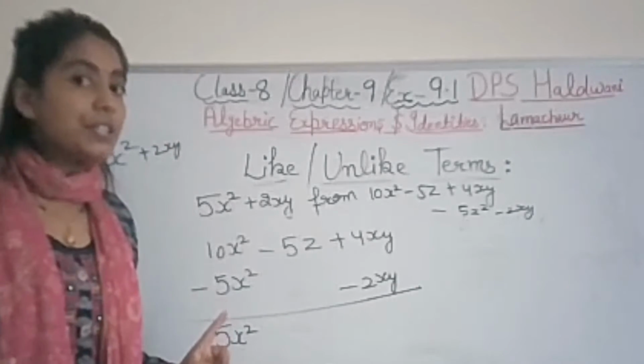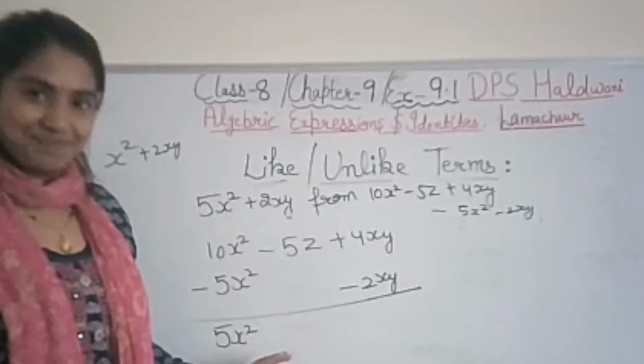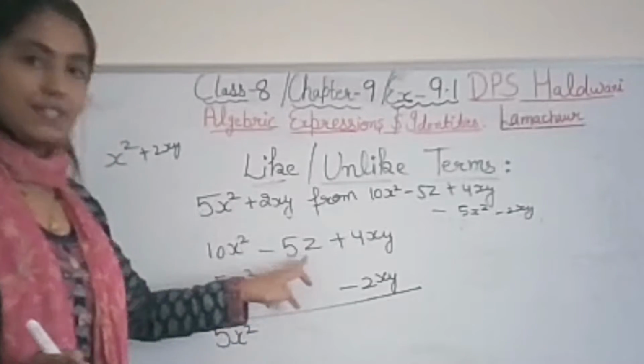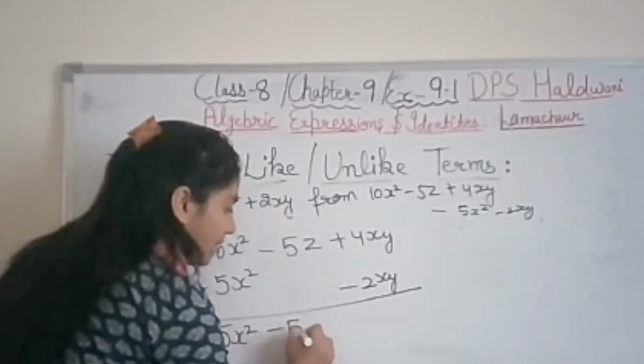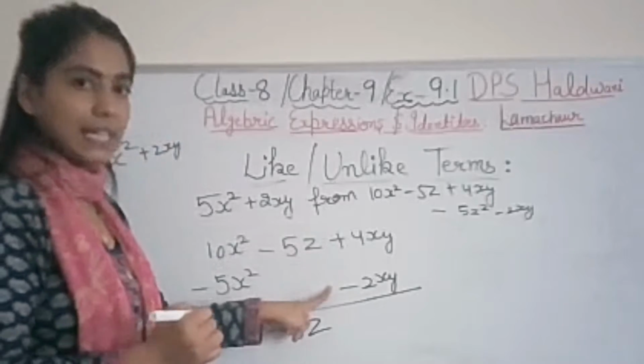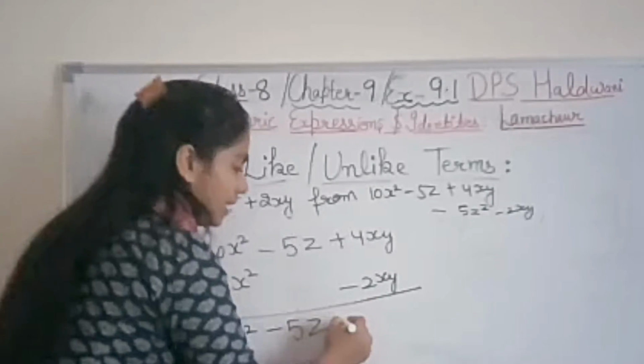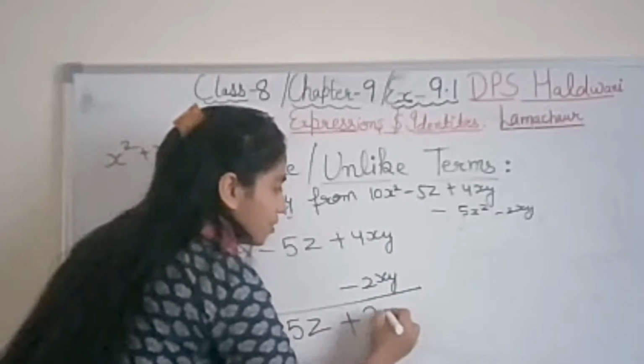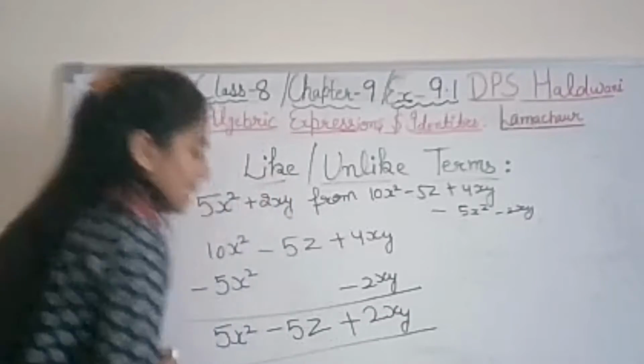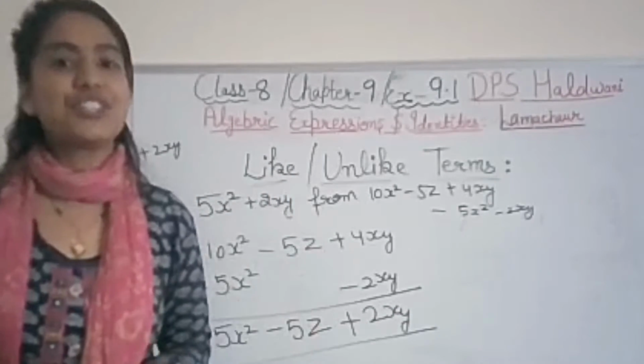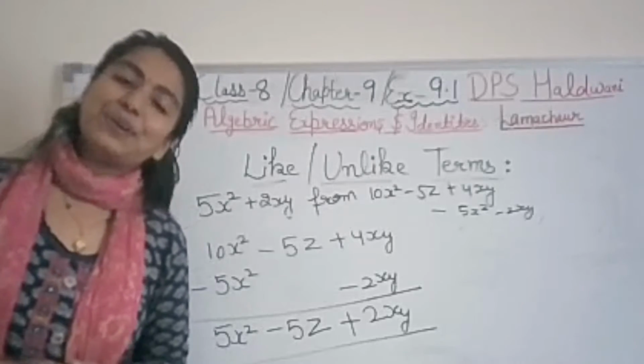Here the integer formulas are being used. Right student? Now minus 5z plus 0 is minus 5z. Now here plus, minus, minus, sign of the bigger digit, so 4 minus 2 is 2xy. So this is the answer for this expression. Right student? I hope you understood.